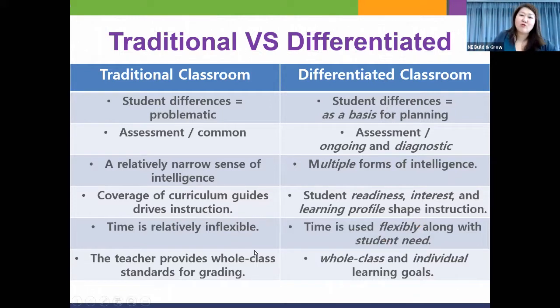Before, we didn't respect our students' pace that much, but now it's flexible, depending on our students' needs and their process. And before, we only had one whole class standard to grade, but now we have two sets. Whole class, yes, for sure, but at the same time, you need to take into consideration the individual learning goals. So you have to have that double system.